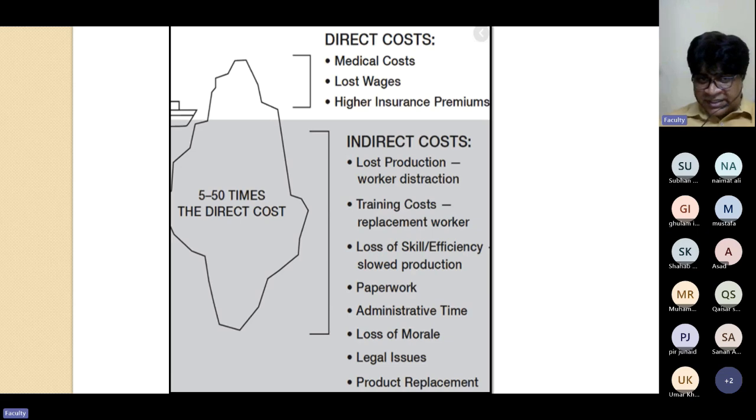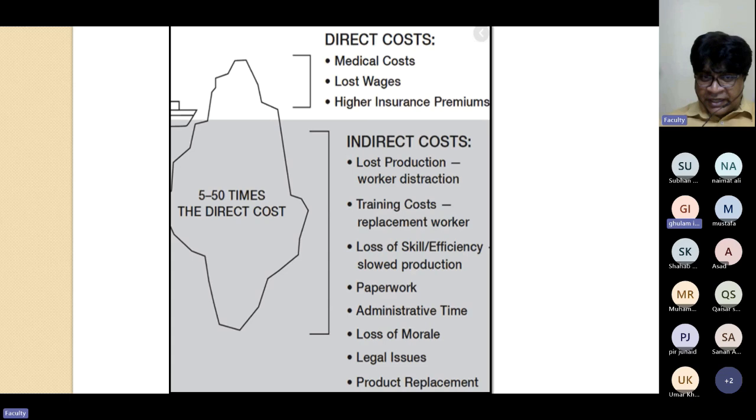You might have seen glaciers, that ice mass floating on the water. By looking at the top part, we think that much is the glacier. No, if you see the bottom part, it will be many times bigger. That much will be the glacier.